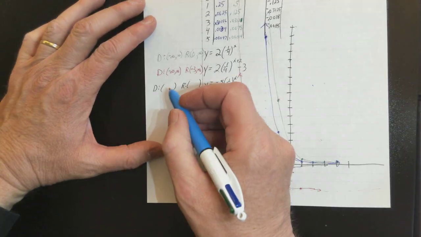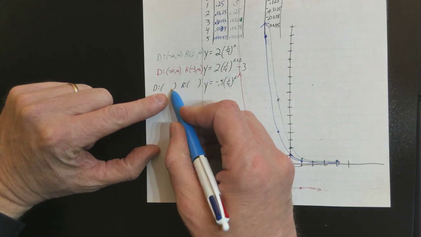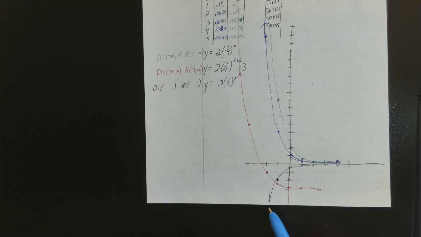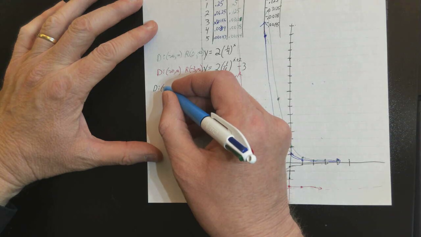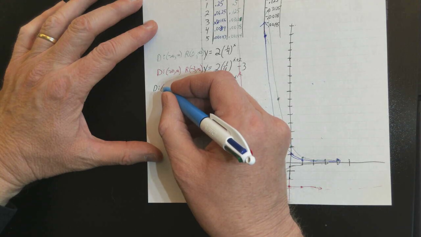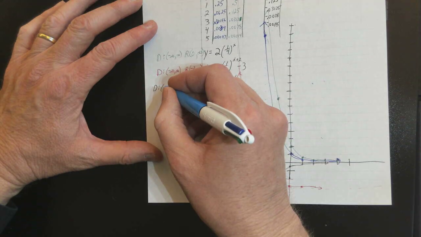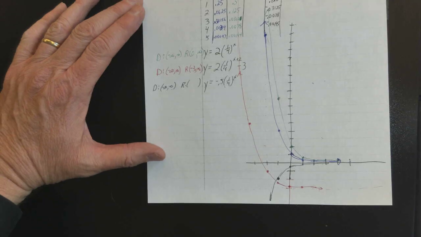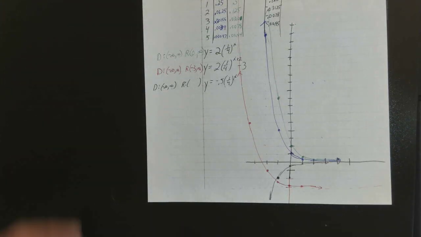What do you think, Trey? Just say it. Yes. Yep. Yes. Right. Your instincts were good. Now, range is a little trickier.